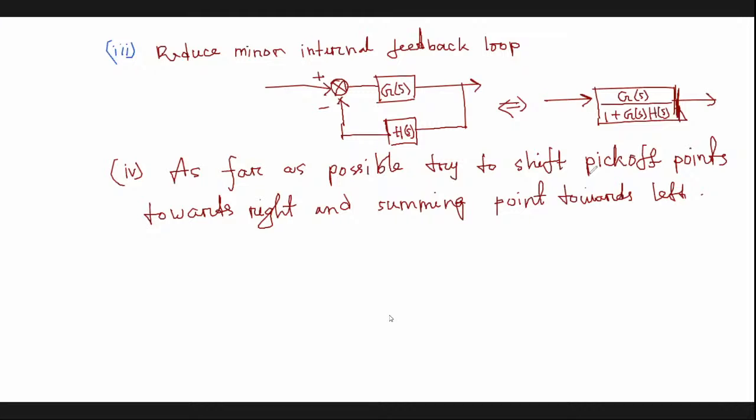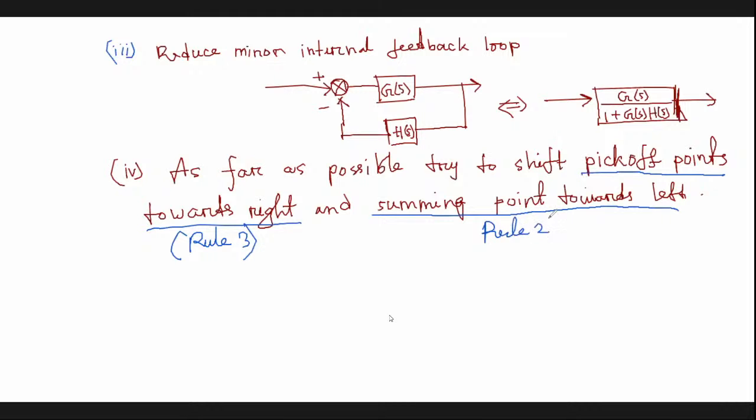So as far as possible, try to apply rule number 3. And summing point towards left, that is rule number 2, sir. Yes, rule 2. So always try to take pickup points towards right and summing point towards left. So that is better.